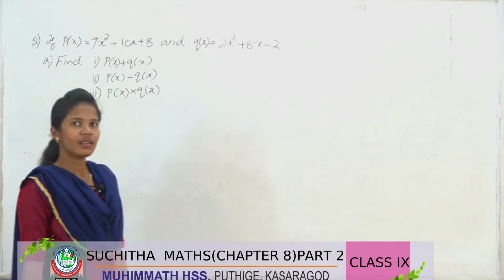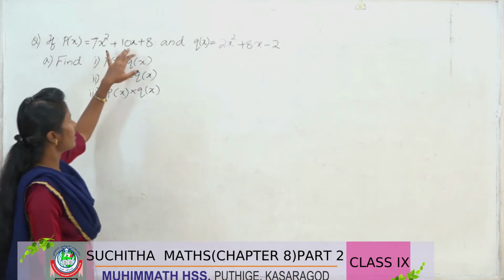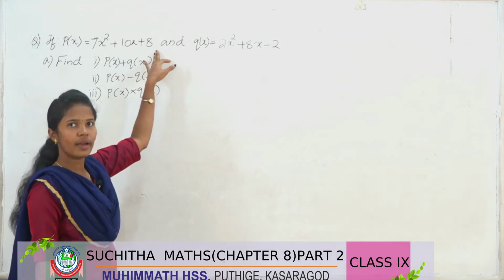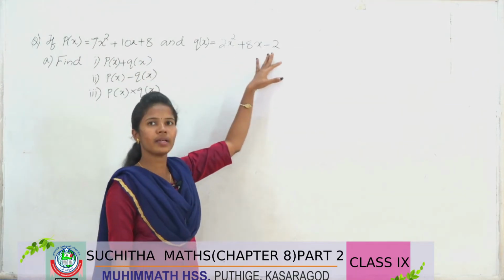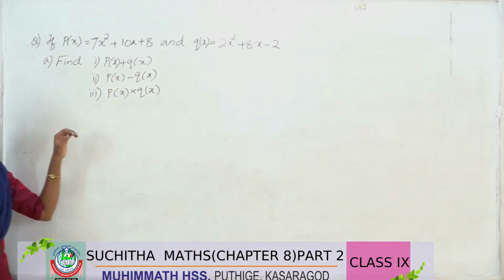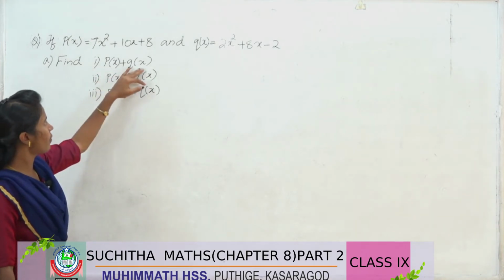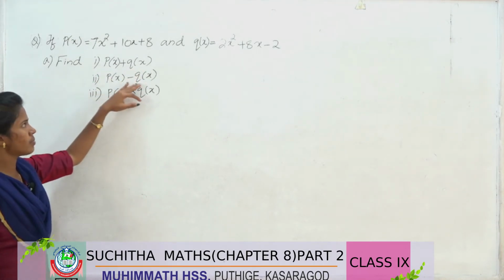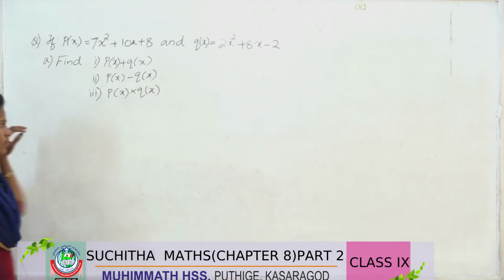Understood? Next question. If P of x equal to 7x square plus 10x plus 8 and Q of x equal to 2x square plus 8x minus 2, these both polynomials are the same degree polynomials. So questions: find P of x plus Q of x. Second one, P of x minus Q of x. Third one, P of x into Q of x.